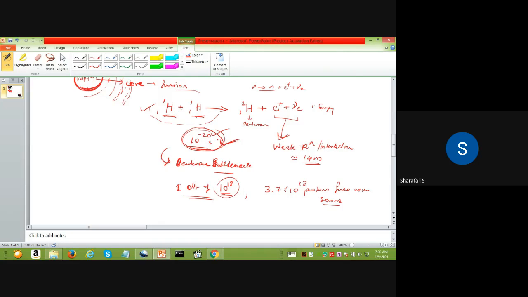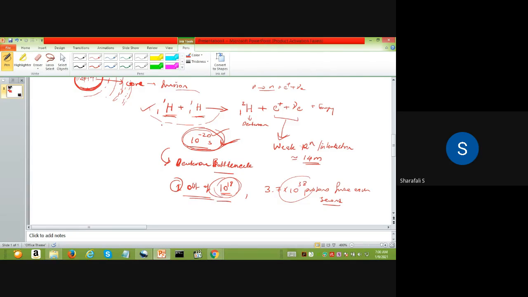If you consider that time, and 1 out of 10 raised to 18 protons undergoing nuclear fusion, then for 1 second we have 10 raised to 20 here and 10 raised to 18 here. So in total around 10 raised to 38 protons fuse each second.